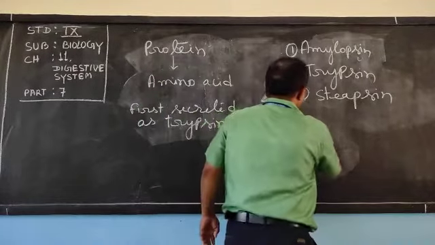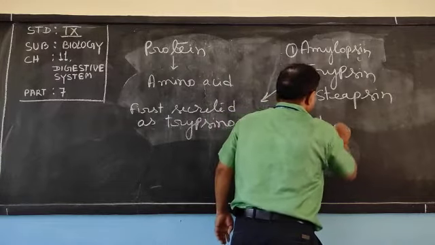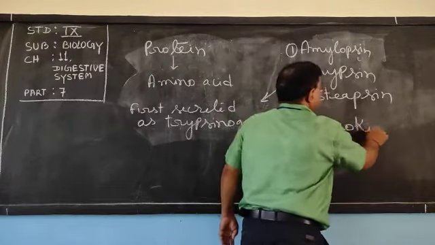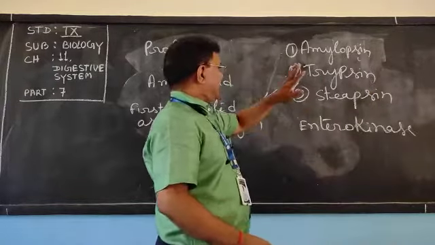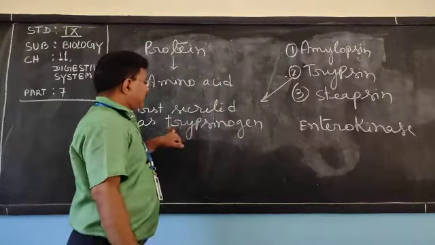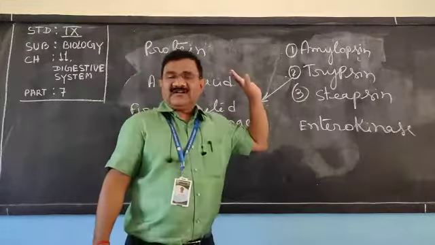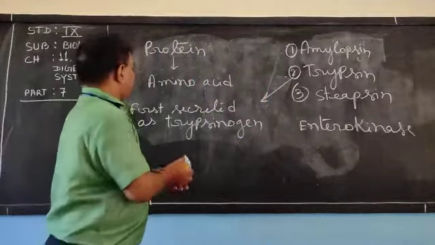One enzyme is enterokinase, and this enterokinase changes trypsinogen into trypsin. Try to understand.